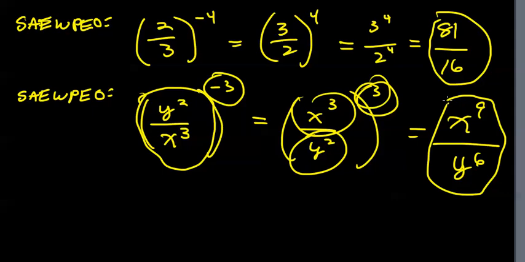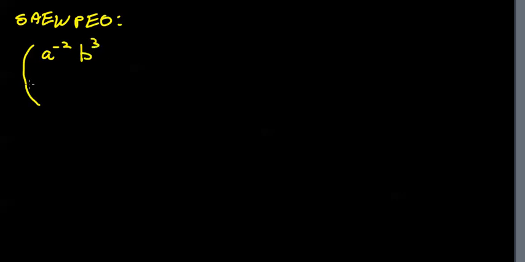All right, let's talk about one nasty one, maybe the upper limit of difficulty in the homework assignment. Simplify and express with positive exponents only. Let me think ahead and not write too big here, I'll run out of room. A to the minus 2 power times b cubed in the numerator.